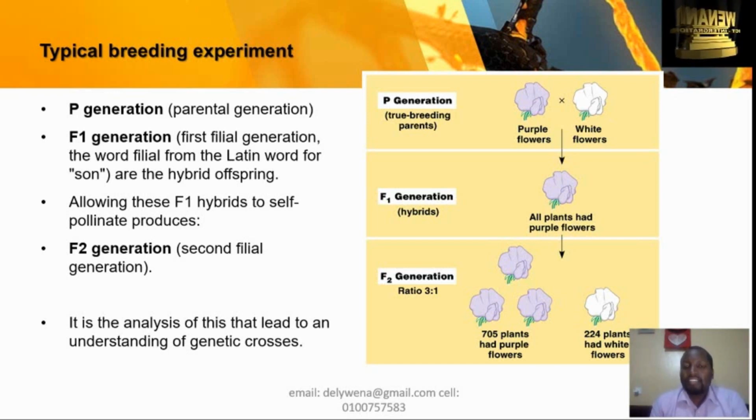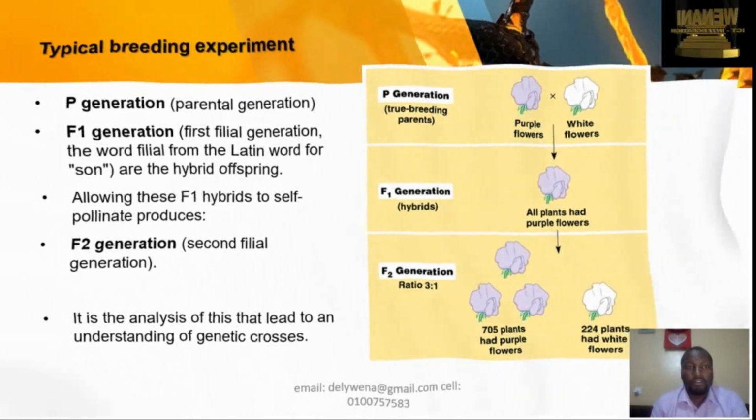But when the first filial generation outcomes were self-fertilized, the second generation that came from that was in a ratio of 3:1. The 705 plants with purple flowers and 224 plants with white flowers.